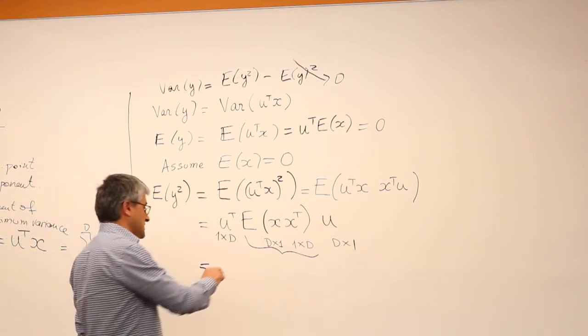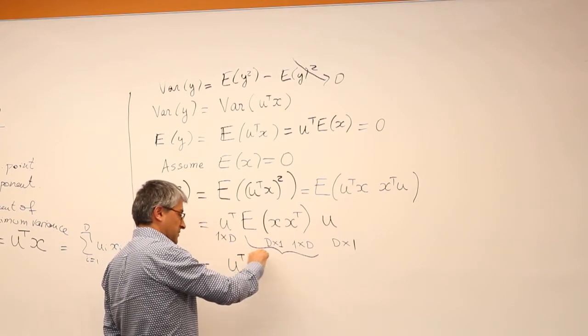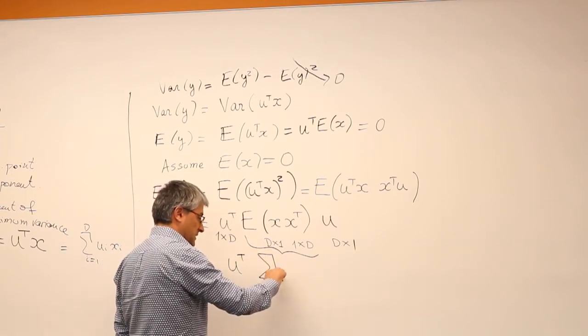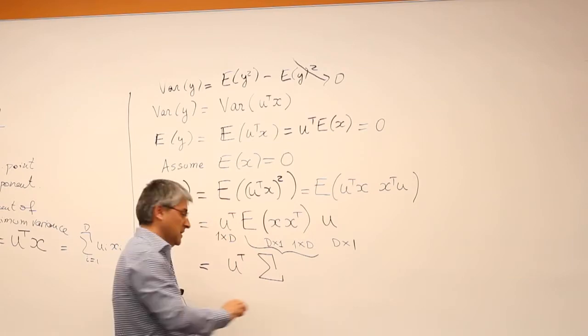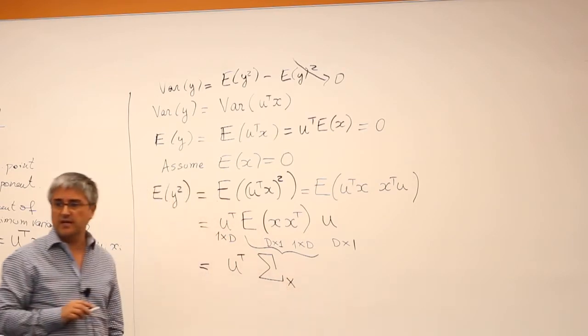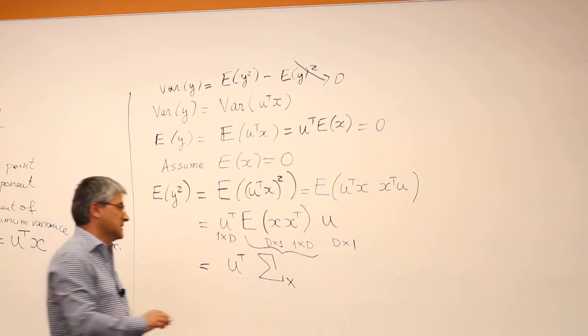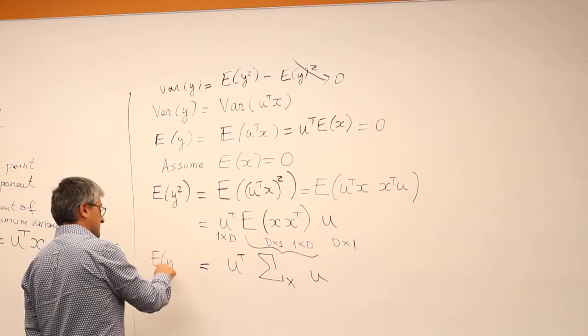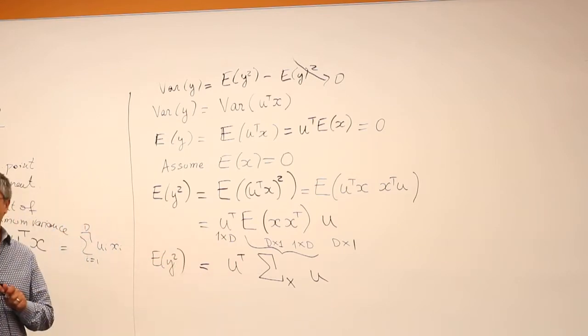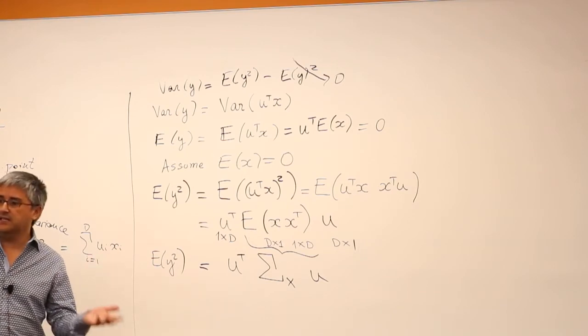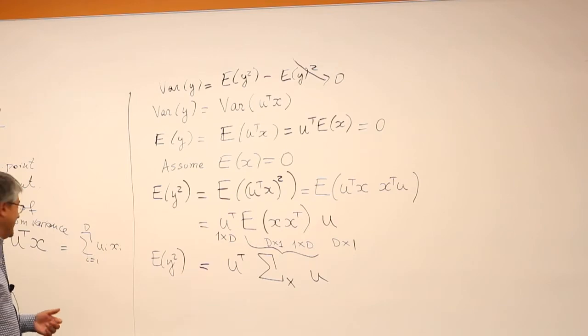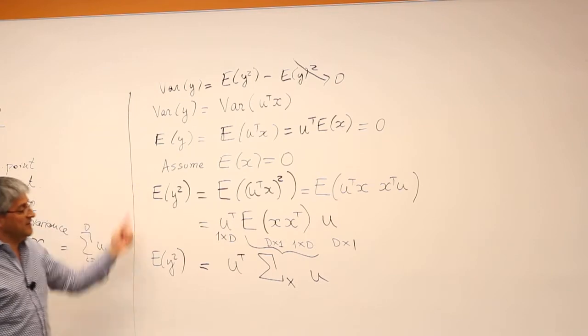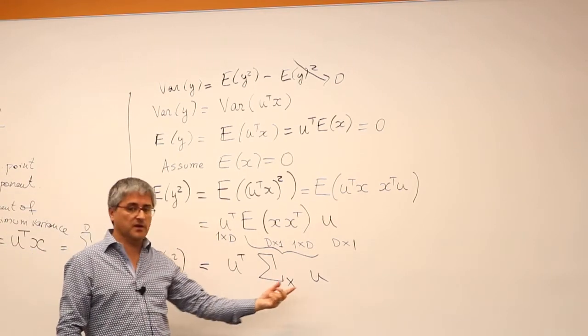All right. So this is just u transpose, and I'm going to denote that with a big sigma, which is the covariance matrix, with a sub x to remind you that it is the covariance matrix of x, times u. Good. So the bottom line is that I've shown the variance is equal to u transpose sigma u.